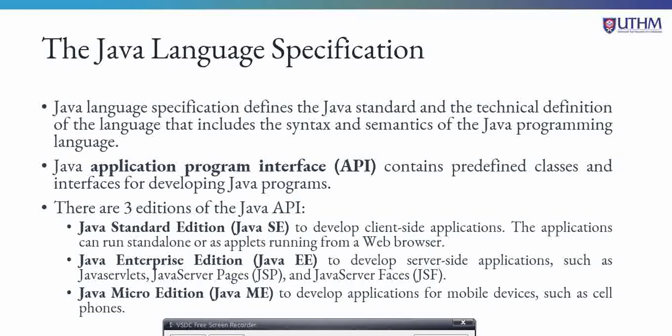Java Enterprise Edition: if you want to develop server-side applications, you need to have Java EE, Enterprise Edition. And if you want to create mobile applications, you need to download Java Micro Edition.